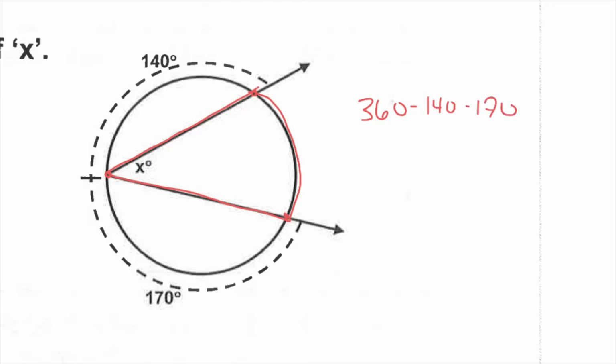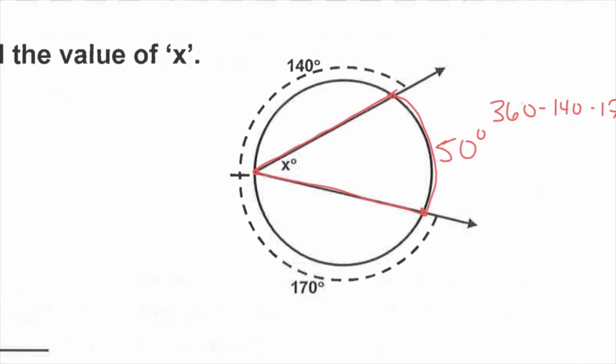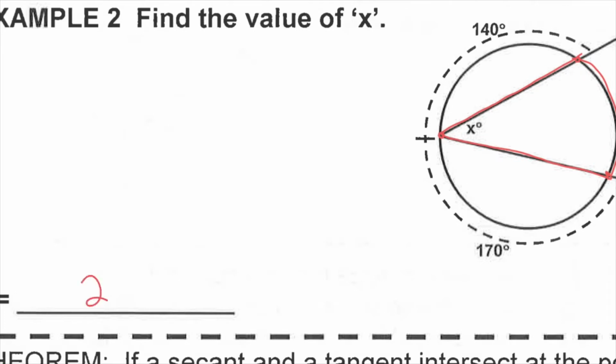And when you do that, you get 50 degrees. Well, inscribed angles are half their intercepted arc. So half of 50 would give us 25 degrees. So if you want to write something out for that, because we just learned that, the inscribed angle equals 1/2 its arc. Okay, so that's some review.